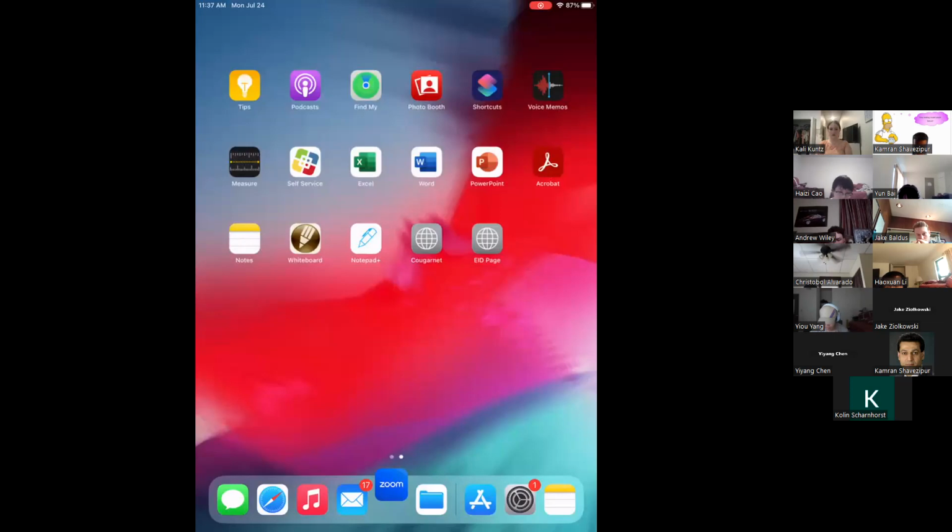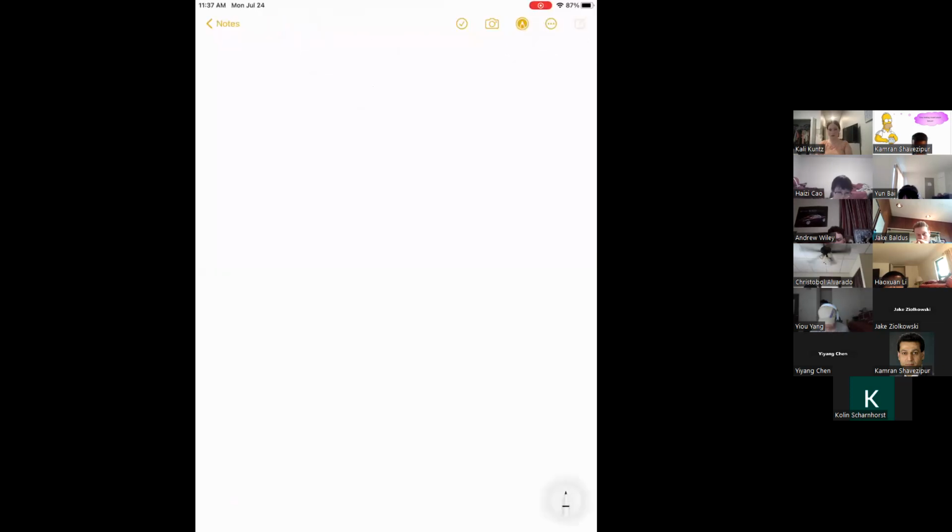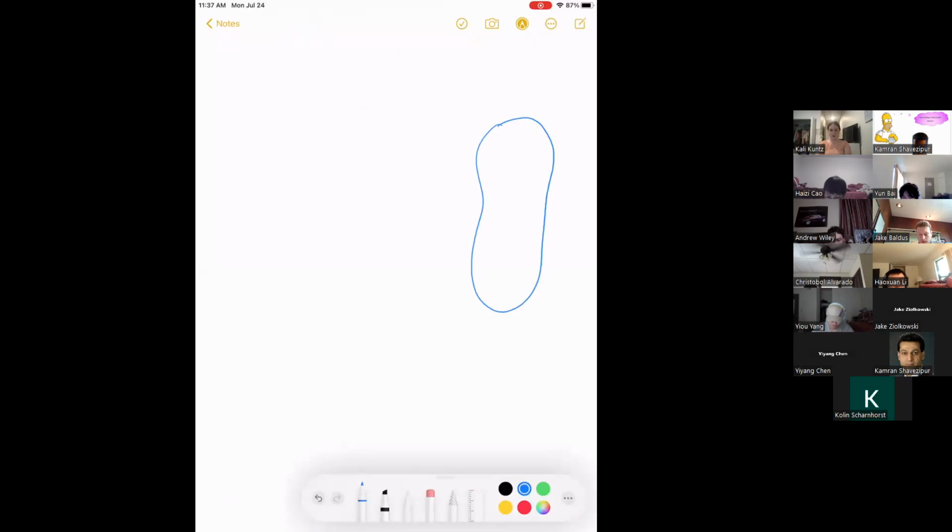So let's say this is the blue object, pinned here at point O. We call this object B. It has a center of gravity somewhere here, doesn't matter where.